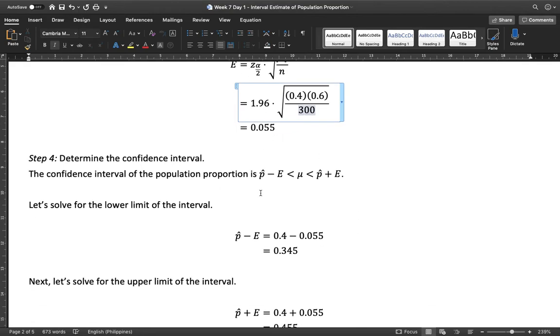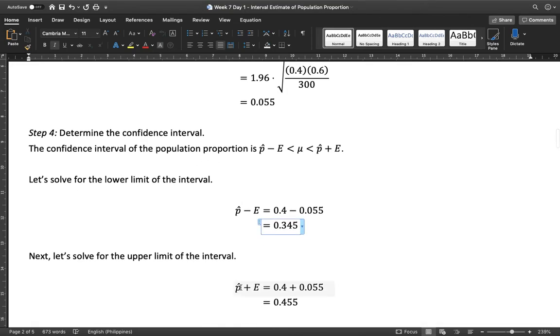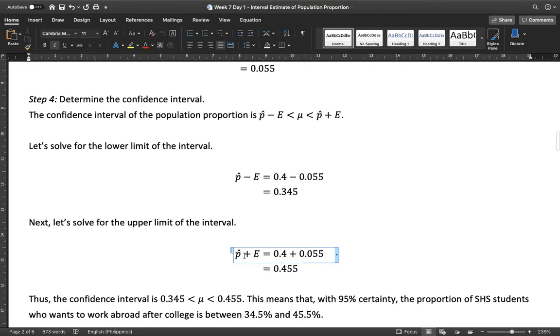So, ang confidence interval natin, p hat minus margin of error and p hat plus margin of error. So, lower limit natin, p hat minus margin of error. That's p hat minus E, 0.4 minus 0.055. Subtract natin yan, 0.345. Upper limit naman natin, p hat plus margin of error, 0.4 plus 0.055.